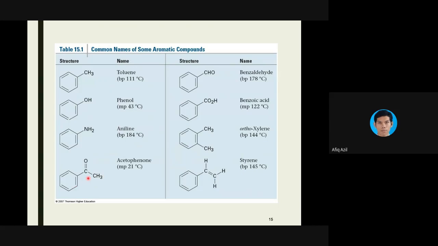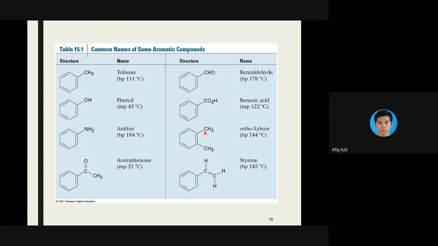Sorry, this is a ketone. Acetophenone, C double bond O over here, and then you have R. And aldehyde, C double bond OH. And if it becomes a carboxylic acid, C double bond O OH.